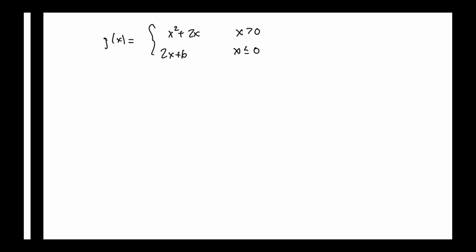Yeah, 0 is the problem point because that's where the two different definitions meet. So kind of do what we did a minute ago. Tell me, is G differentiable at 0? And if so, what is G prime of 0? And if not, then you would have told me that it's not differentiable. Okay, so let's take a few minutes and work that out.